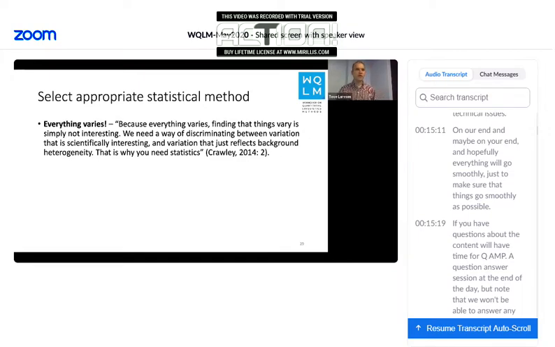So according to Crawley, statistics help us to distinguish between signal that we care about, that's showing us something about our data, and noise, which is just variation that's either unexplainable by the variables in our study or just random noise. There's a book by Nate Silver titled "The Signal and the Noise."